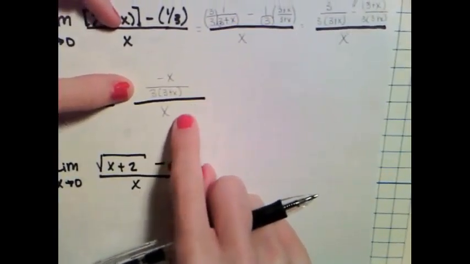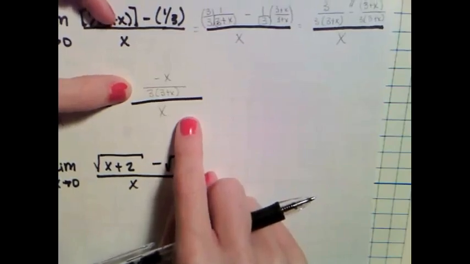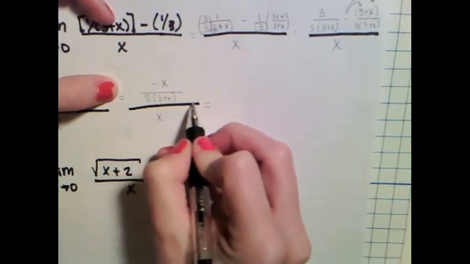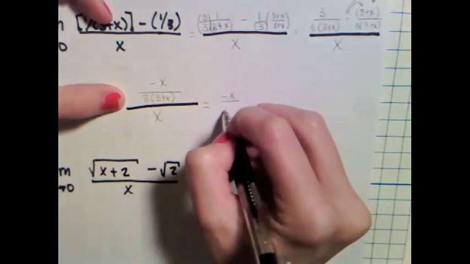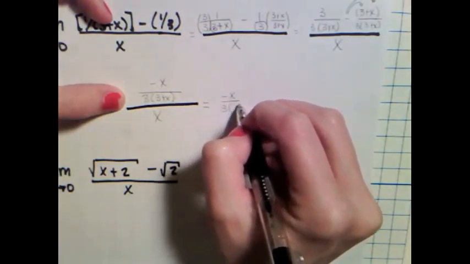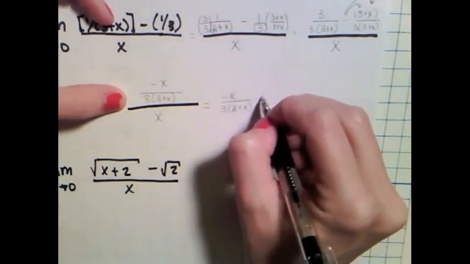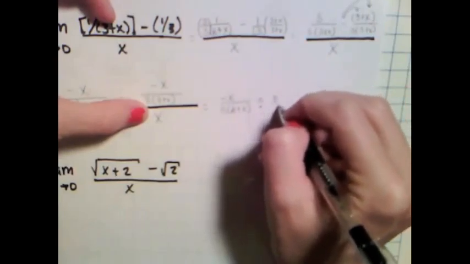From here there's a couple different ways you can do this, just depending on how comfortable you are with dividing fractions. But because this bar here is a division bar, we can write this as negative x over 3 times 3 plus x, divided by the x, or x over 1.